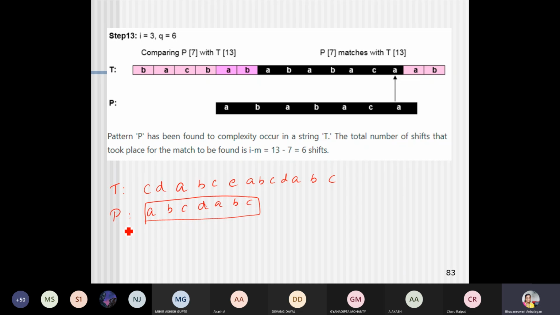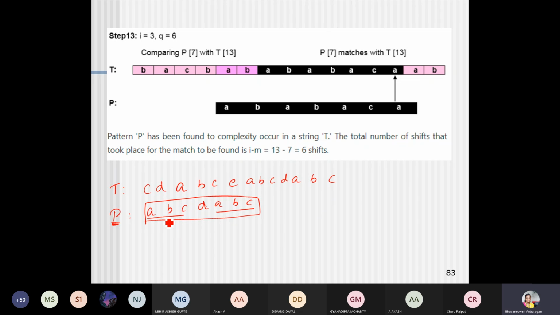Instead of that, you identify the prefixes and suffixes of the pattern. Is there any pattern which occurs from this direction and also from the other direction? If I go this way, A, B, C is occurring, and A, B, C is occurring here also.